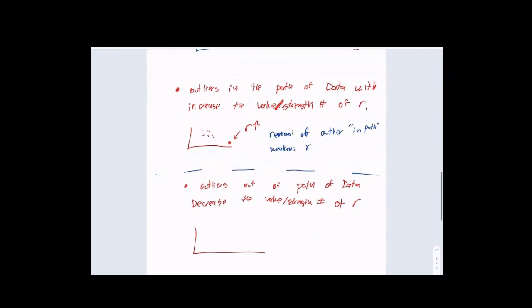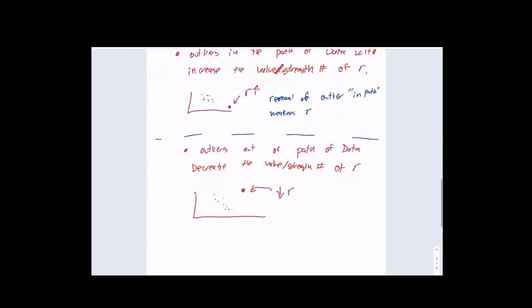If I had some data points and I had this outlier over here, this point is going to decrease the value of R. Without that point, if I only had these points down here, I might say R is like 0.95. But because of this point over here, when I calculate my R, I might get an R that's like 0.6.